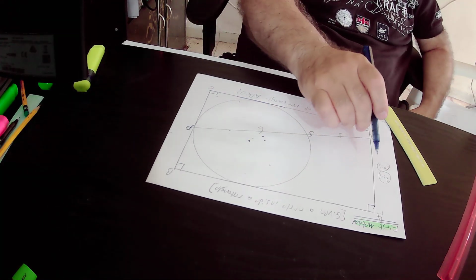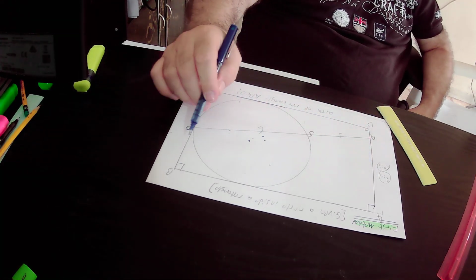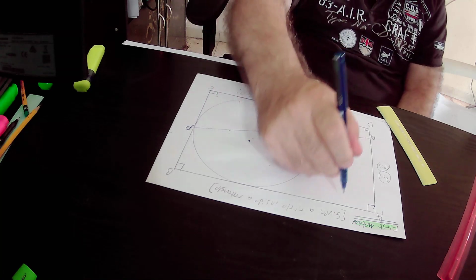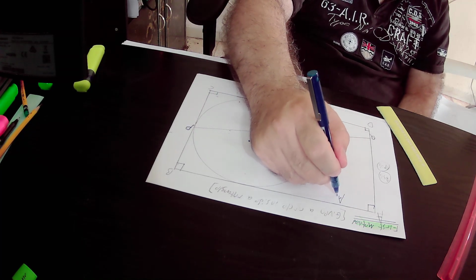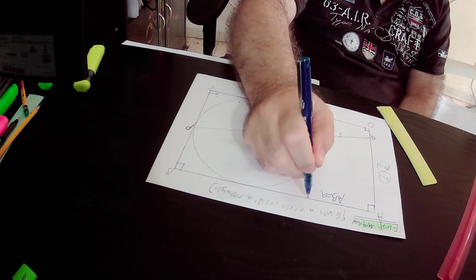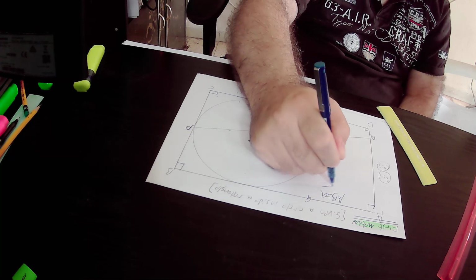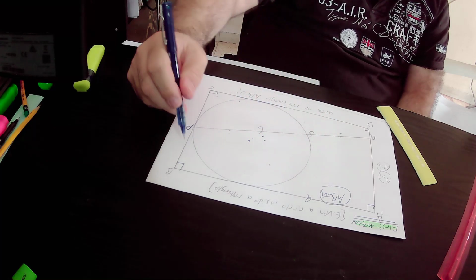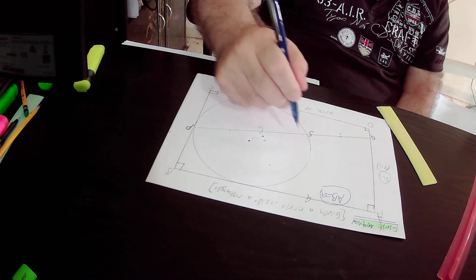We'll define the length side AB of rectangle ABCD as A. AB equals A. We'll define the width BC as B.